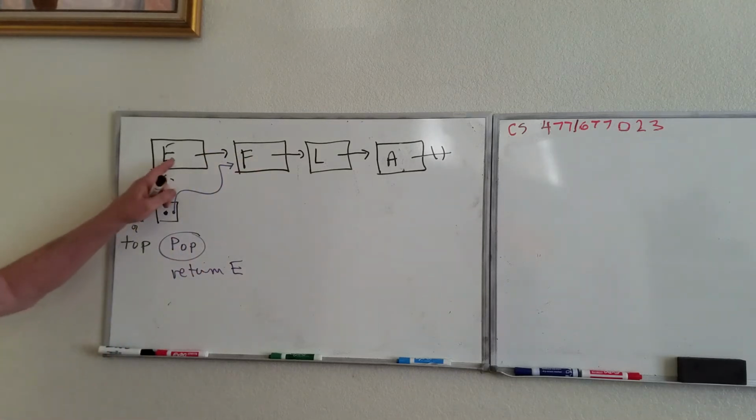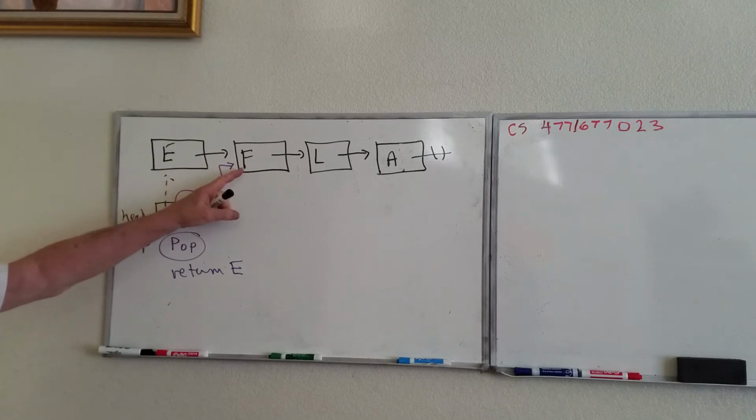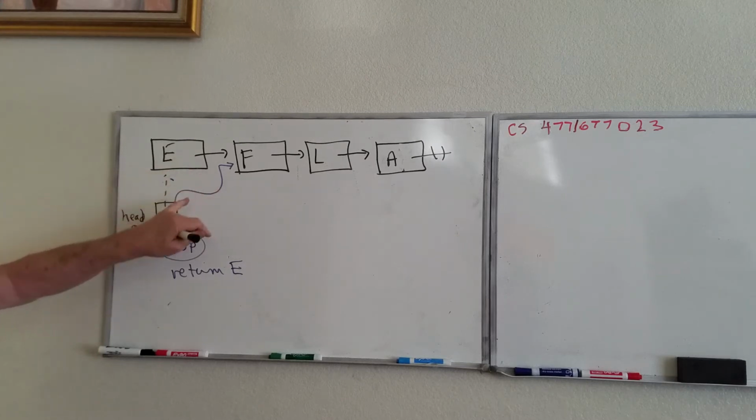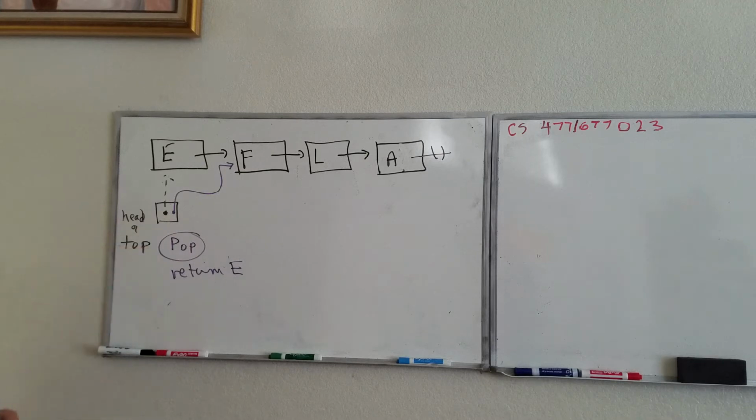Now, if this were the only item, this would be directed to null. What it does is it copies the value of this pointer into this particular variable. So now the stack has one fewer element.